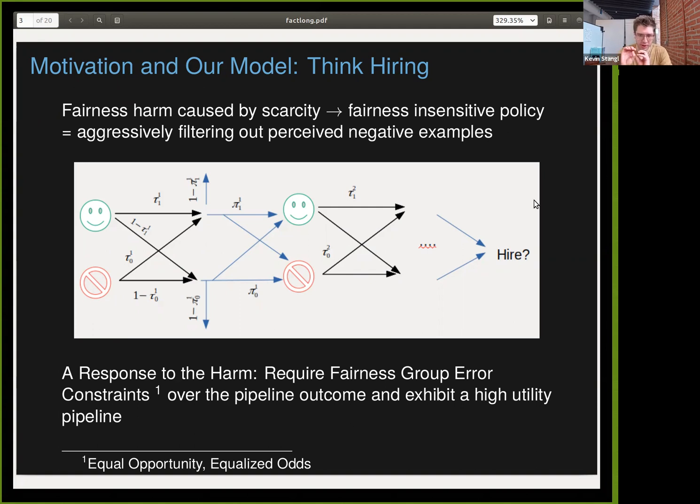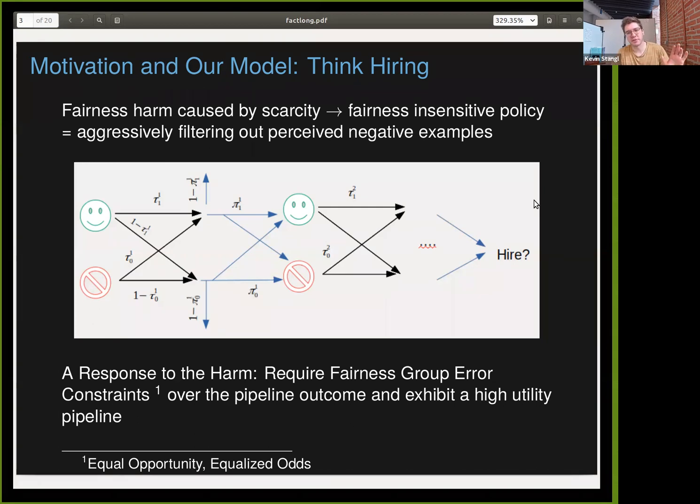That's where our cost comes from, because the interview is an on-site interview, it takes all day, and so we really want to minimize the number of expected interviews per hire. So equivalently, we really want to maximize the percentage of true positives at the end of this hiring pipeline.